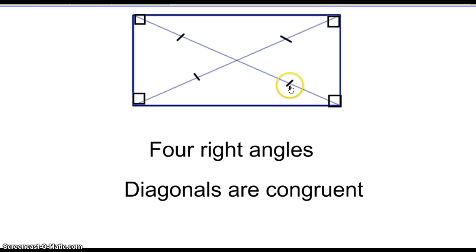What we will come to discover later that's going to be pretty important is, because of these tick marks, what type of triangle do I have right here? Hopefully you see it. I have an isosceles triangle, and guess what I have right here? Isosceles, here isosceles, and here isosceles.